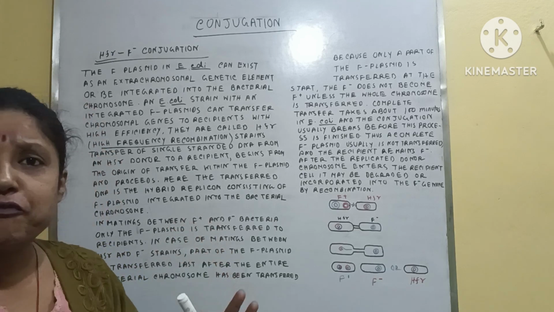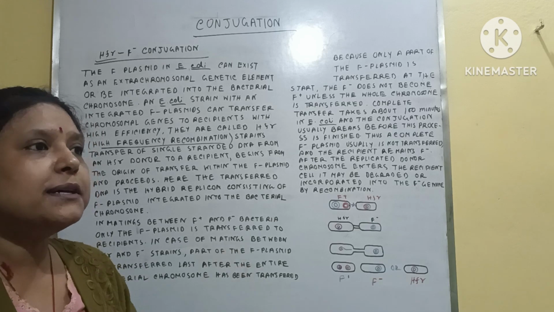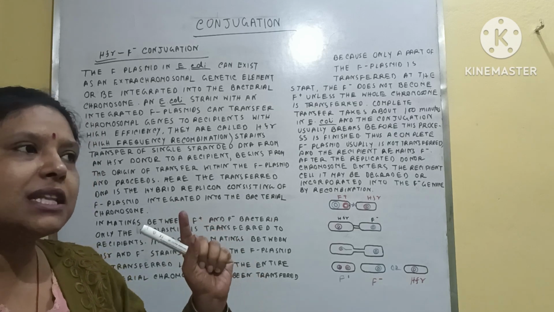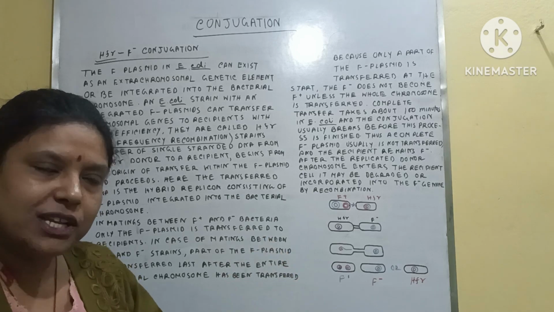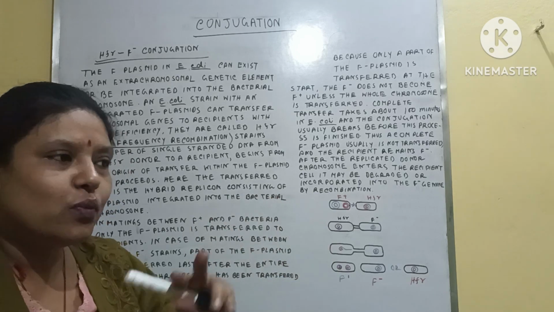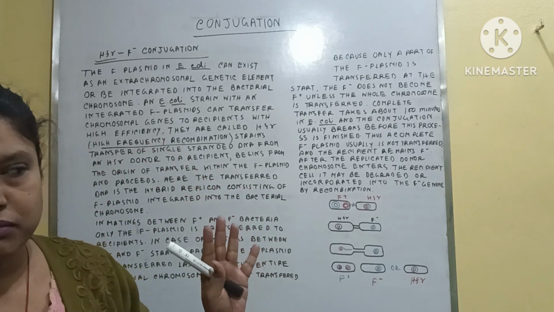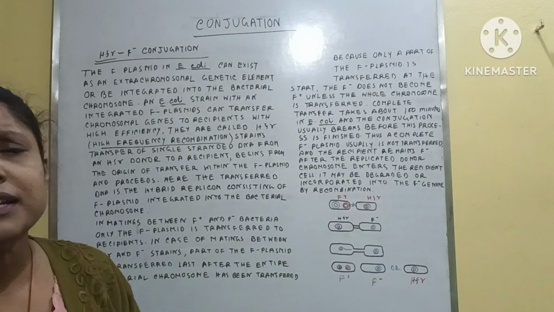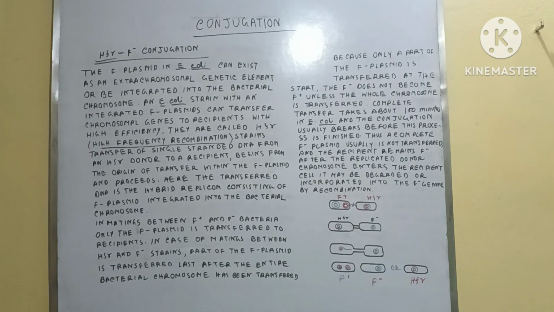But in HFR, the plasmid and the chromosomal DNA have already recombined, forming recombinant DNA within the bacteria. This type of bacteria is generally known as HFR bacteria or high efficiency bacteria.